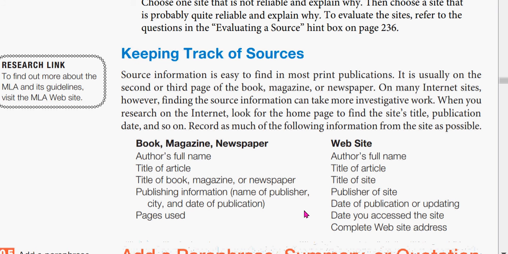Now, you might collect many interesting references, but how will you go back and locate that and then get the full MLA citation?